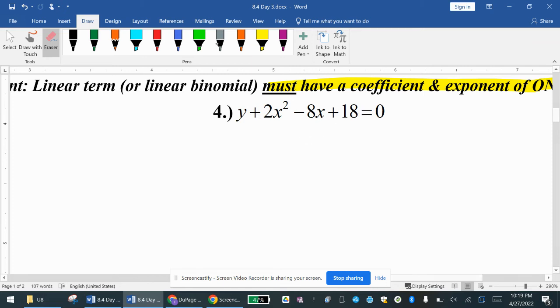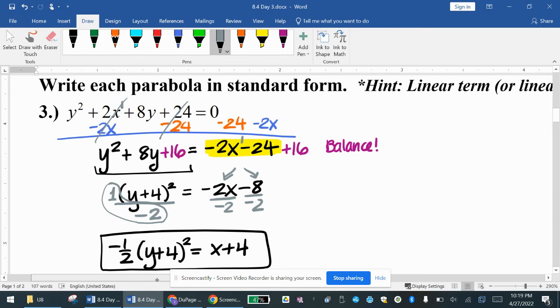So for this one, my leading coefficient for my linear term is already a 1, so I decided to leave the y and the 18 together. But again, like I said, you can move the constant term to the other side and move the y term to the other side if you want to be consistent with what we were doing over here.